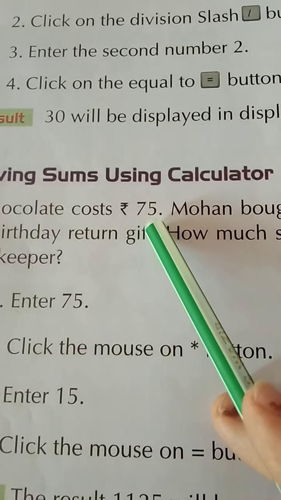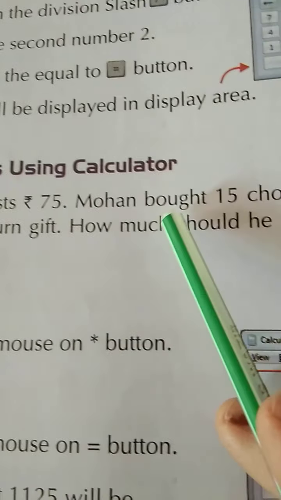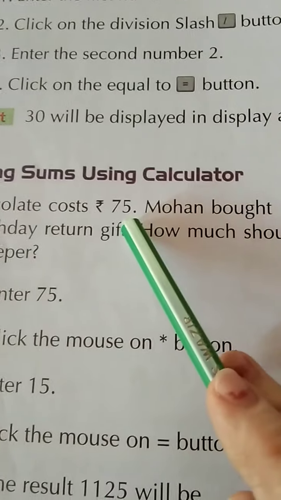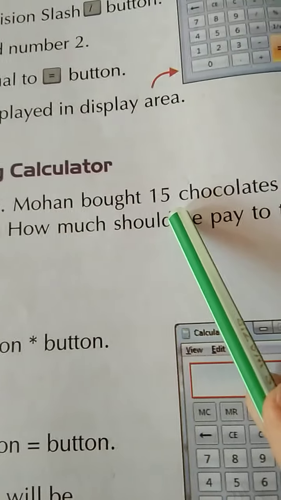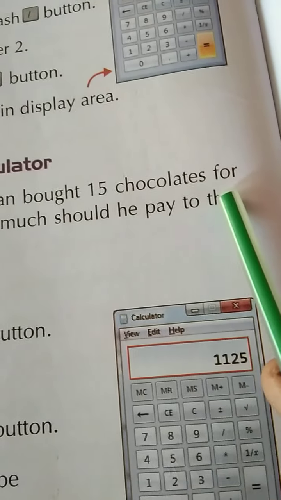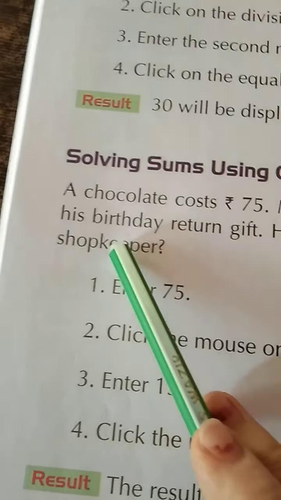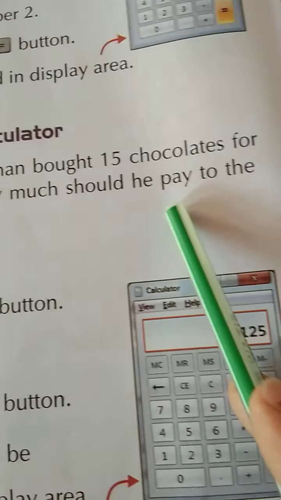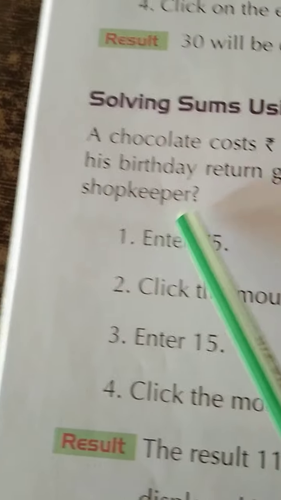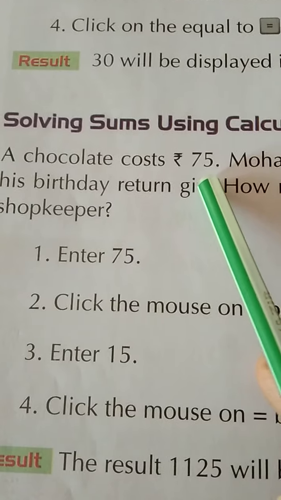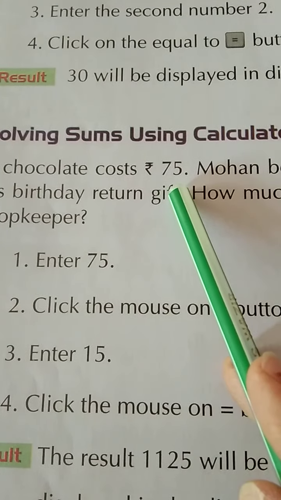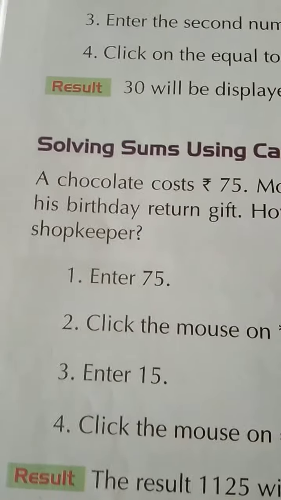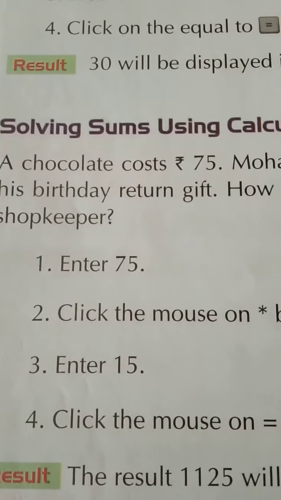Mohan bought 15 chocolates for his birthday return gift. How much should he pay to the shopkeeper? So the price of one chocolate is 75 and Mohan bought 15 chocolates from the shopkeeper. What will be the payment he has to pay for the 15 chocolates?